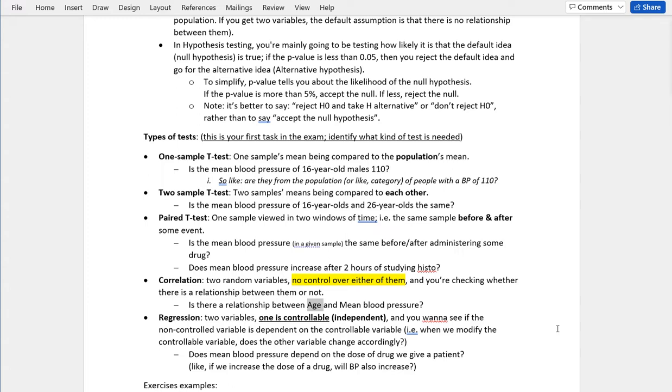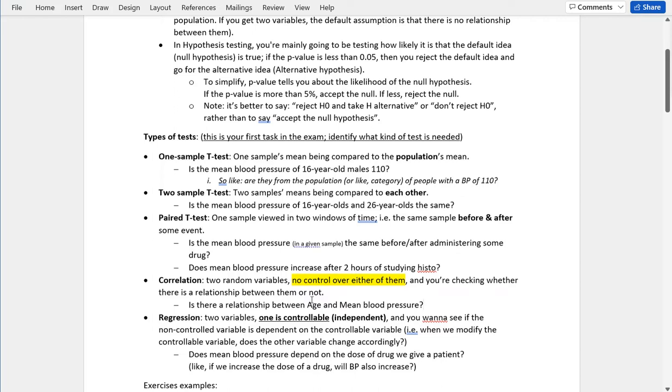Simple as that. You can't turn a dial to change the person's age, and you can't turn a dial to change the person's blood pressure. Don't try to think of some convoluted way, just take it at face value. You can't just turn a dial and make a person increase or decrease their blood pressure just like that.